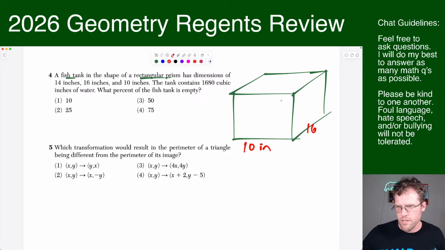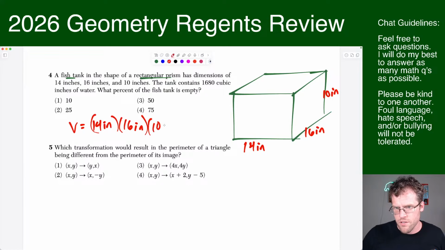Let me write it in order, actually. It doesn't matter where I write it, because for the volume we're just going to be multiplying anyway. But just so you can kind of see what's happening. So 10 inches. However, if I find the full volume here, 14 inches times 16 inches times 10 inches.